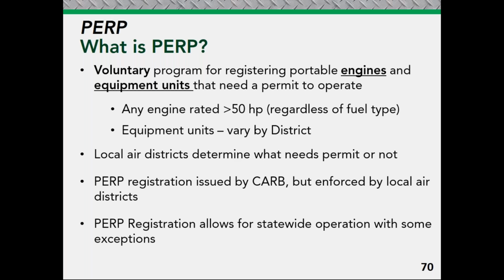The actual grinder portion of that also is portable. It is not an engine. It's being run by the engine, but it is not an engine itself. And it certainly produces a fair amount of dust. So it could be considered an equipment unit by some local districts in the state of California, and the owner of that unit could be required to get two registrations for one unit.